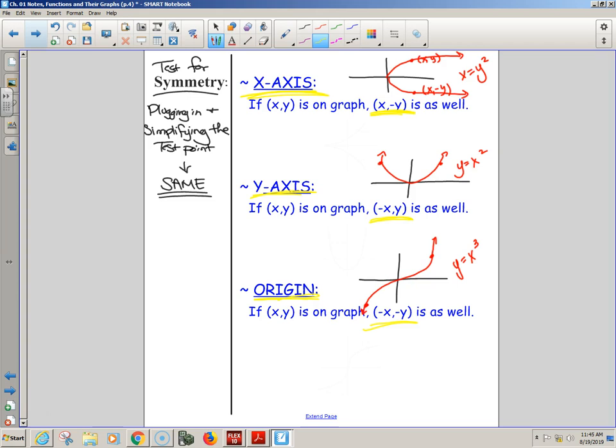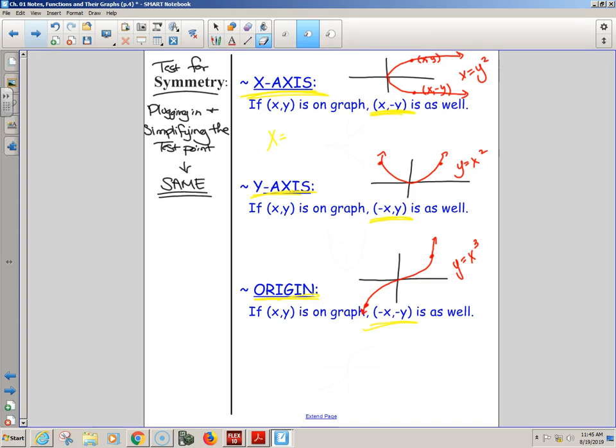If you want, you could find an actual ordered pair on x equals y squared, like the point (4, 2). X is 4 when y is 2. Then you could check for -2 and see if it's a solution, plug in, it's true. Or you could be super snazzy and not have a specific point and just ask, what happens if I plug in same x, opposite y?